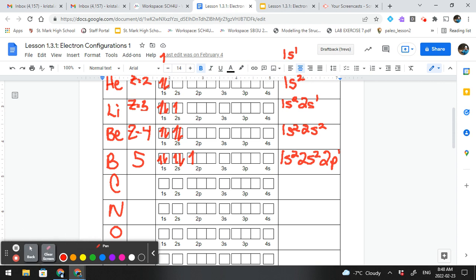Okay, let's double check your work. So carbon would have 6 electrons. Now, this is interesting. Here's where you have to remember Hund's rule. Instead of pairing to fill this orbital first, what actually happens is the electron fills an empty orbital, spinning in the same direction as that first electron.